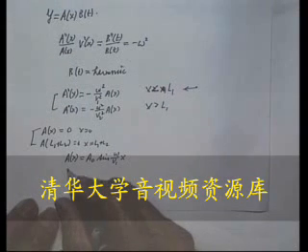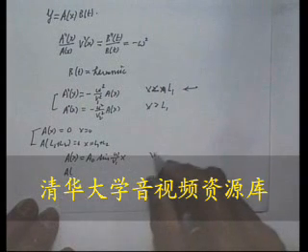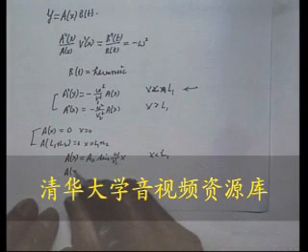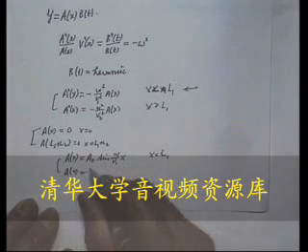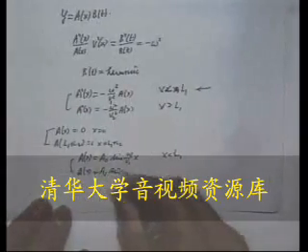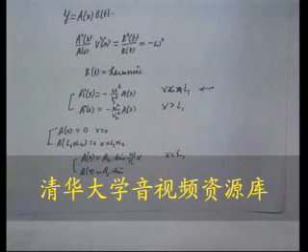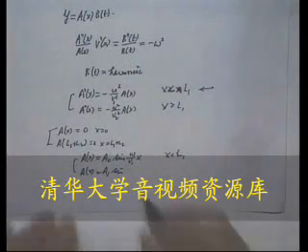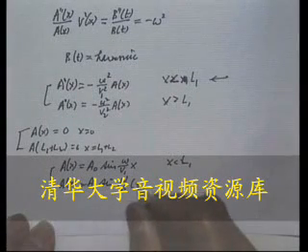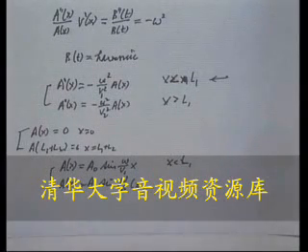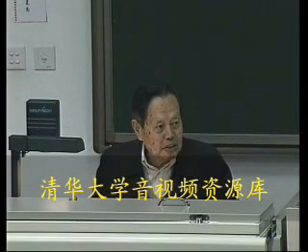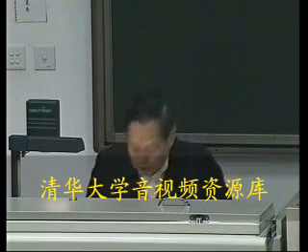Similarly, we can write the next one. This is for x less than L1. For the right end, for the large x, we get omega over v2 times x. But we want to put the boundary condition in, and when x is equal to L1 plus L2, it has to be equal to 0.